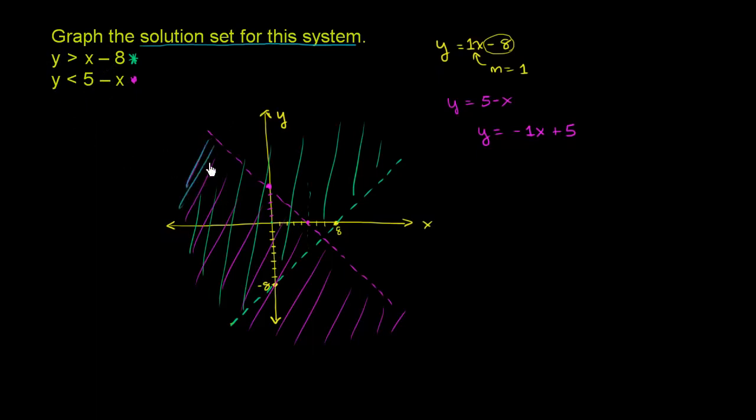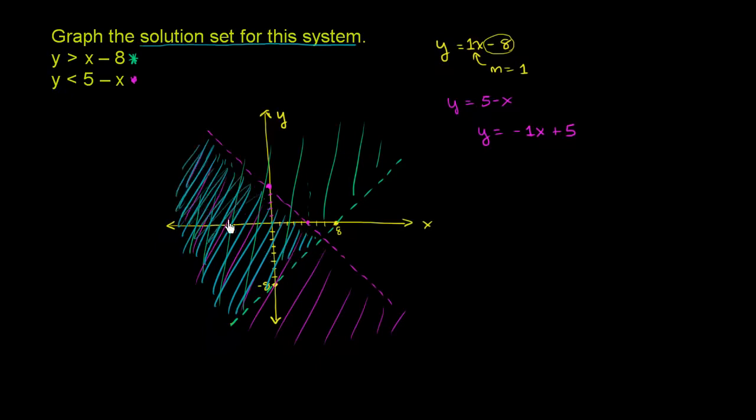So it's all of this region in blue. Hopefully this isn't making it too messy. All of this region in blue where the two overlap, below the magenta dotted line on the left-hand side, and above the green dotted line. That's only where they overlap. So it's only this region over here, and you're not including the boundary lines.